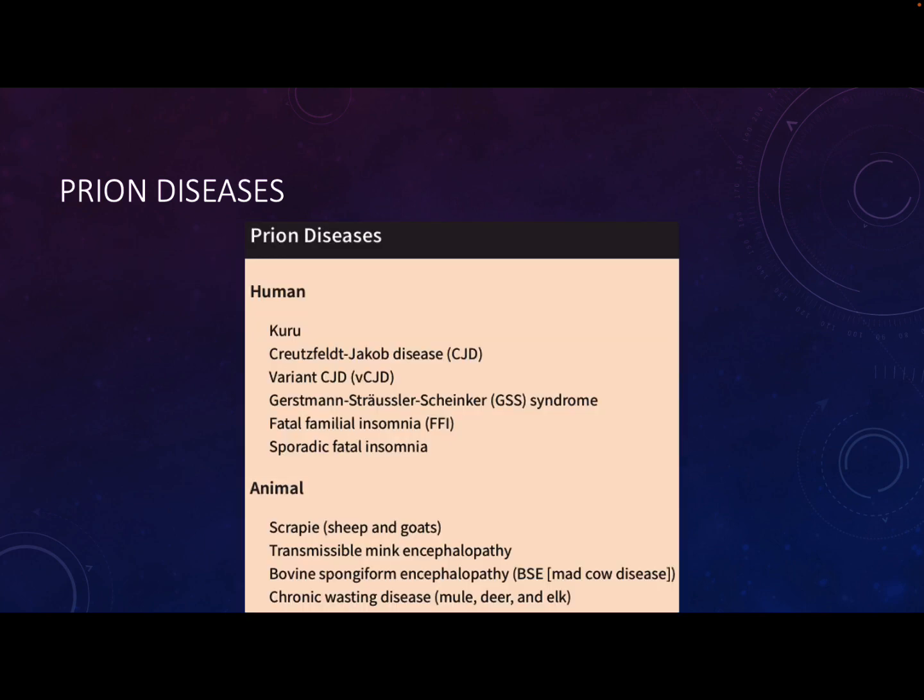Now in humans, we call different prion diseases different names, even though they're all technically caused by the same protein. It's more about where or how you got the infection. So Kuru was the prion disease that we saw in people in Papua New Guinea because they practiced something called funerary cannibalism.